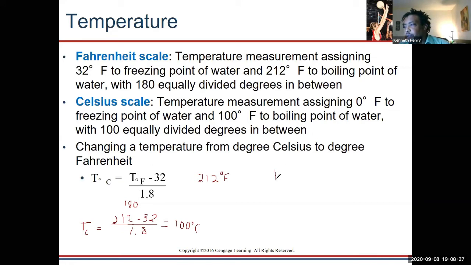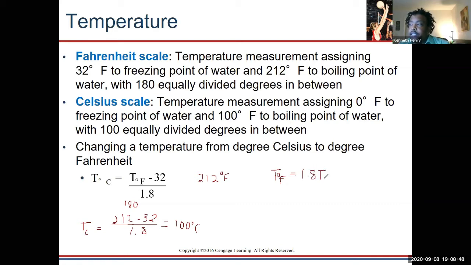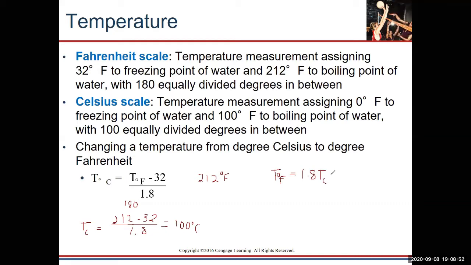So then our answer is going to be what? TC times 1.8, plus 32.